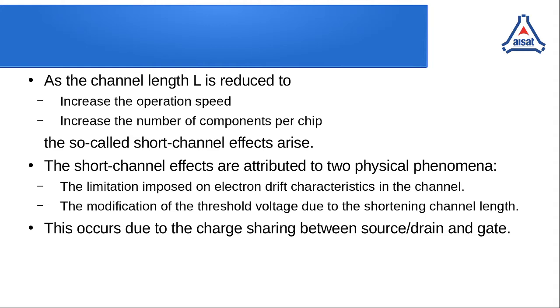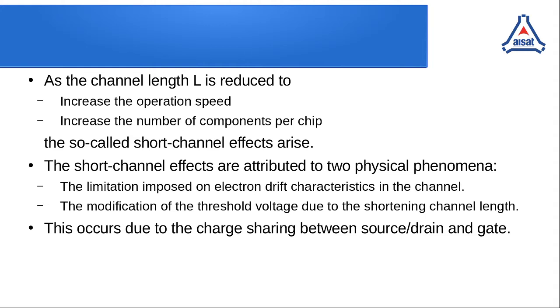The short channel effect imposes limitation on electron drift characteristics in the channel, or it will change the electron drift characteristics, and also it modifies the threshold voltage which was prevailing earlier. So due to short channel effect, the electron drift characteristics are affected, and also the threshold voltage is varied.